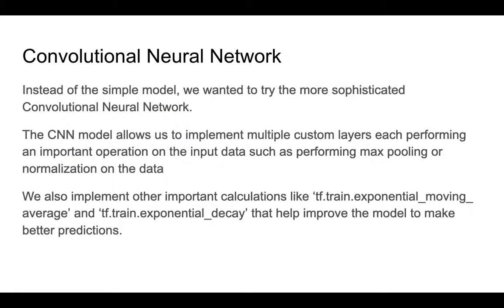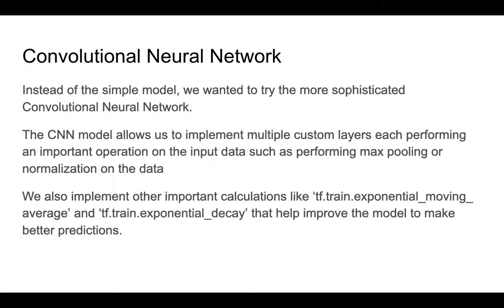So the model does not work very well. So here I had to change my strategy, and instead I opted for a convolutional neural network, mostly for the different kinds of layers and mathematical calculations that it allows us to do.